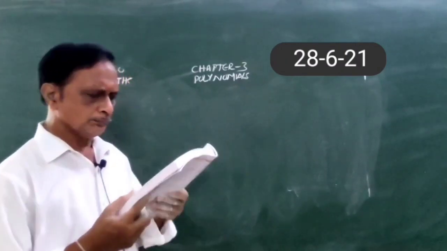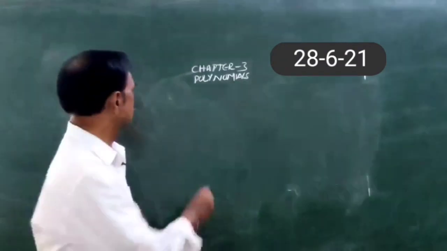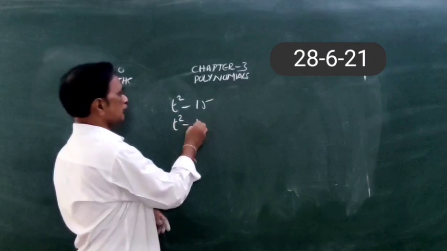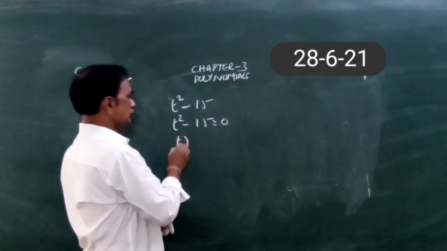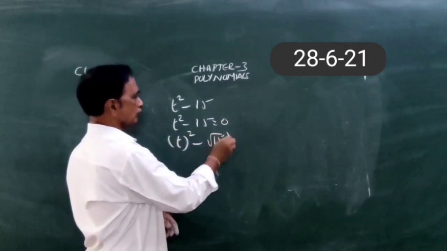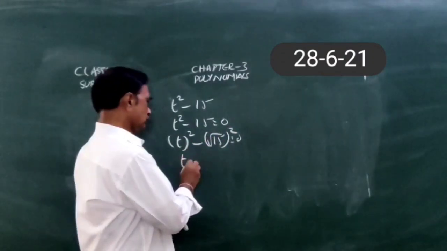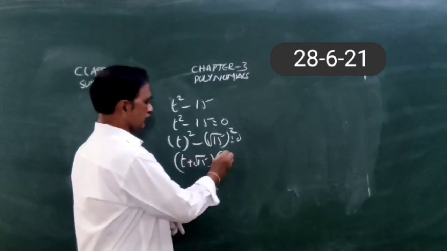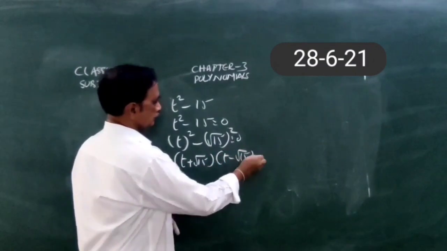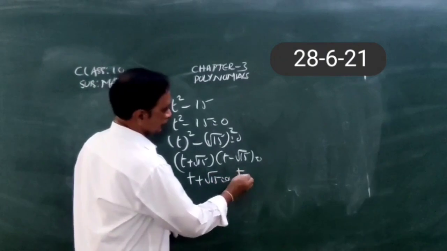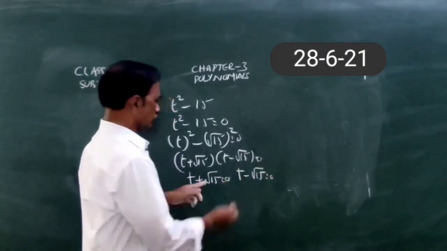t square minus 15 equal to 0. t whole square minus root 15 whole square equal to 0. In the form of a square minus b square, a plus b into a minus b. t plus root 15 equal to 0, t minus root 15 equal to 0.